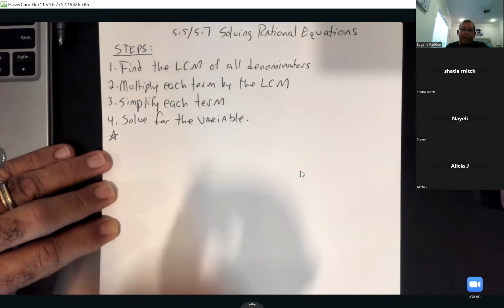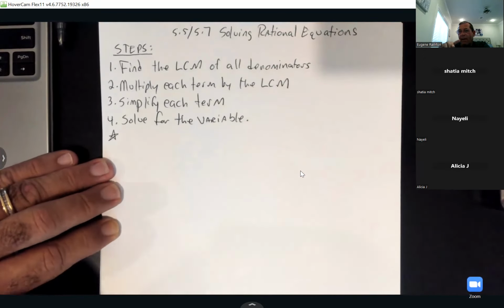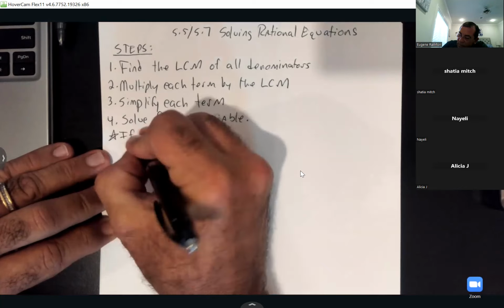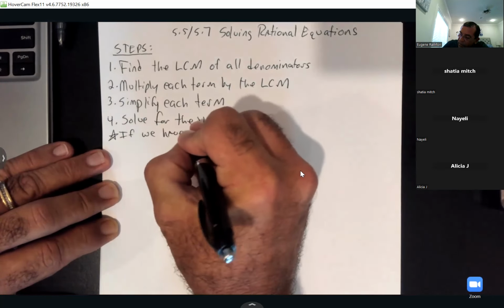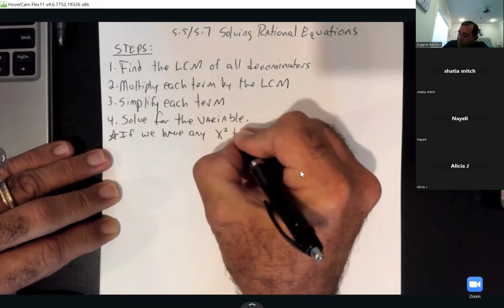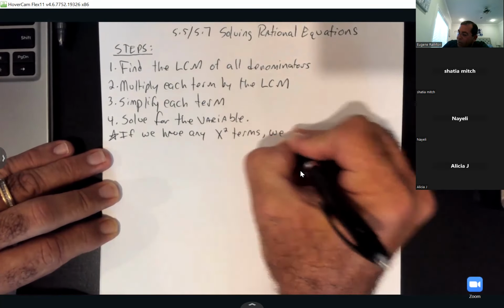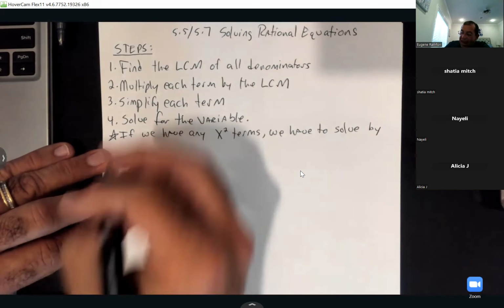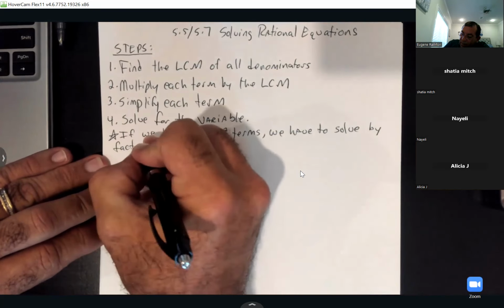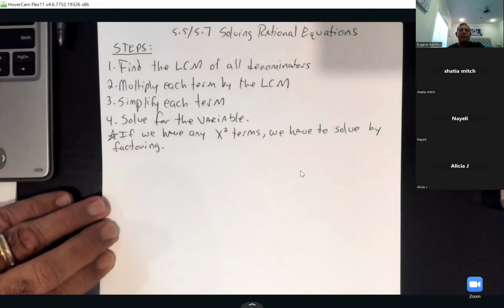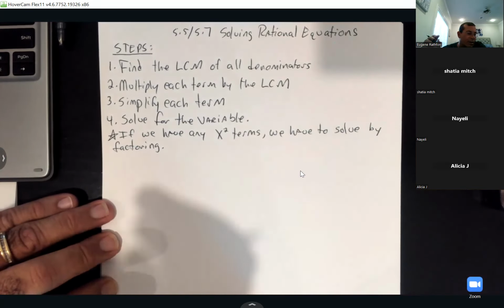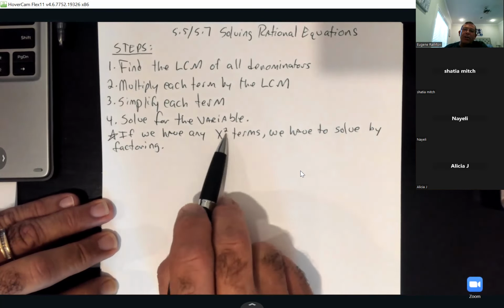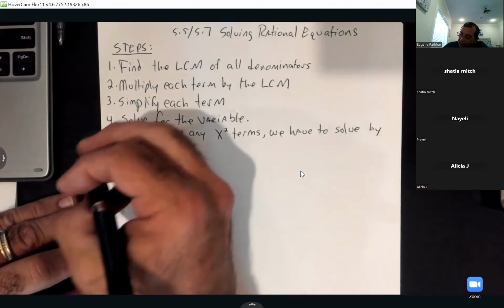Now remember one thing here. If we have any x squared terms, we have to solve those by factoring. If I don't have any x squared terms, I'm just going to get my variable on one side, my numbers on the other, and be done. But if I do have any x squared terms, we have to solve them by factoring.